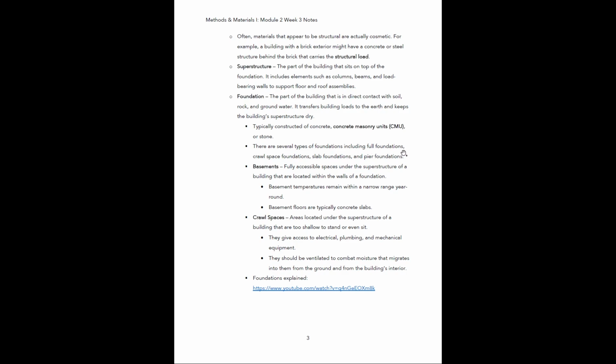There are several different types of foundations, including full foundations, crawl space foundations, slab foundations, and pier foundations. Basements, so I'm sure everybody knows what a basement is. If you don't, that might be a little concerning, but a basement is a fully accessible space underneath the superstructure of a building that is located within the walls of a foundation.